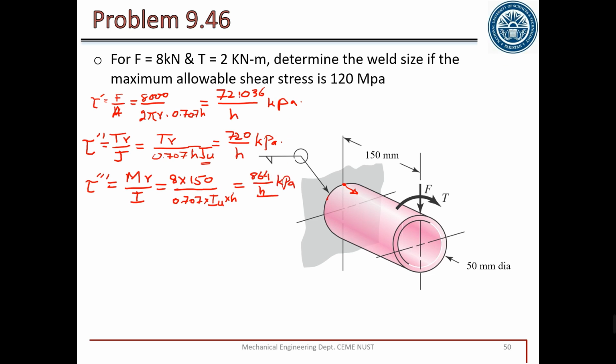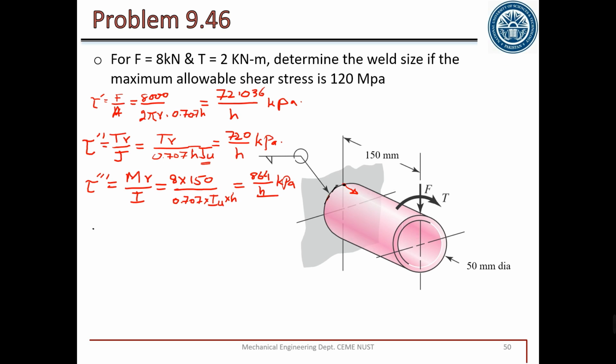Now we have primary shear, secondary shear, and tertiary shear. We have all the shear values. We need to calculate the resultant. What is the resultant in this case? We know that maximum bending is at the top. The secondary shear is equally distributed at all points.